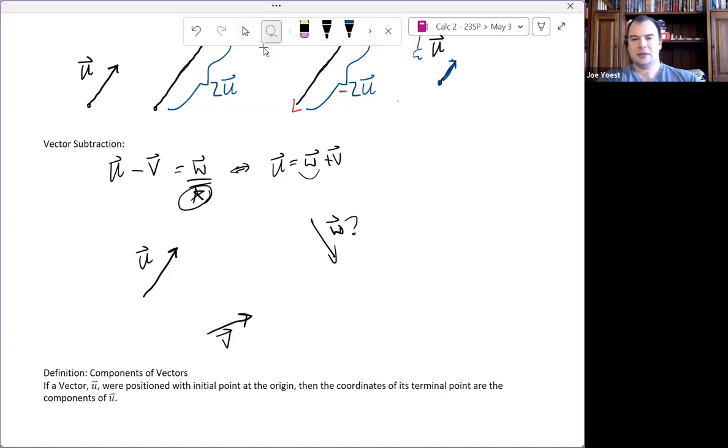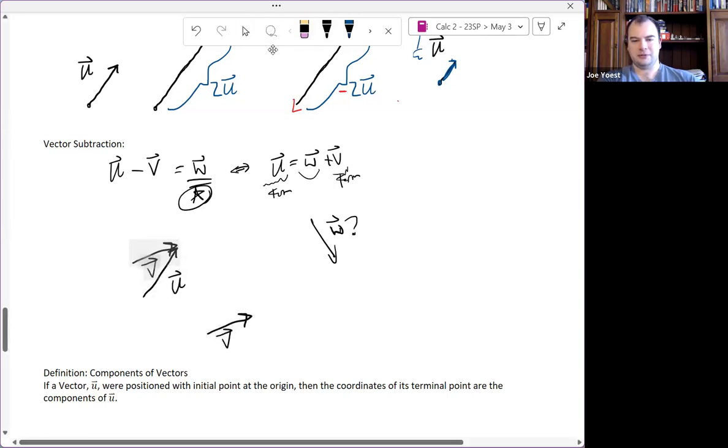I want to move my u label over here to below. There we go. Okay, so I want w bar plus v bar equals u bar. This tells me that I want the terminal point of v bar to be at the terminal point of u bar. So let me try to make that happen.